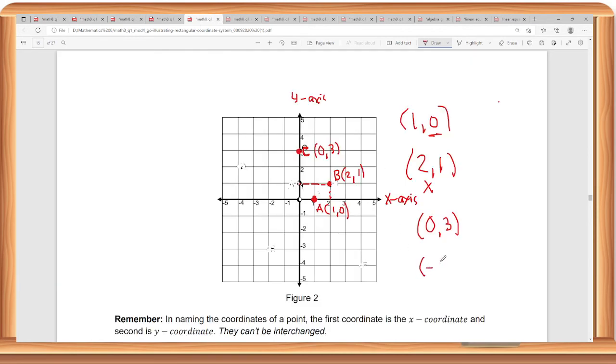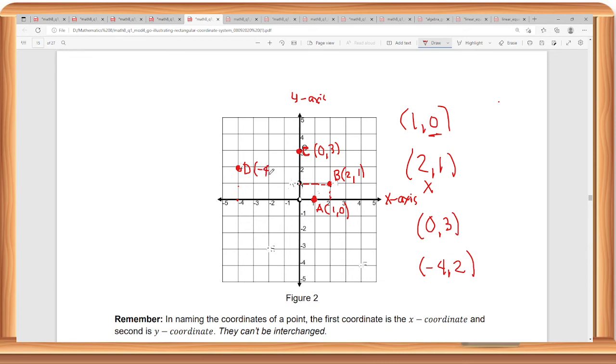Negative 4 and 2. Negative 4 of the x-axis is here, going to the left. And then your y is 2 units above. So 1, 2. Therefore, your point D is located here.